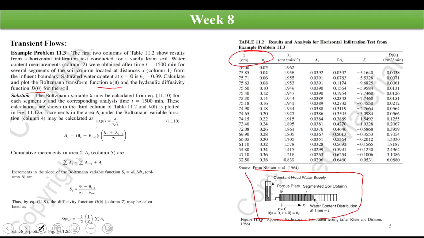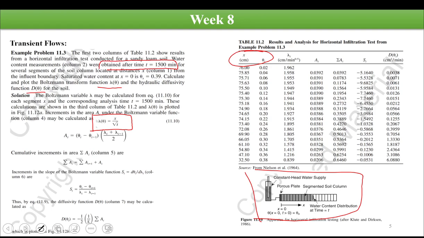So in this problem, we need to make use of a few formulas. The first one is of lambda. Lambda theta is equal to x upon square root of t, where t is the time at which we are taking the measurement. Here it is given as 1500 minutes.